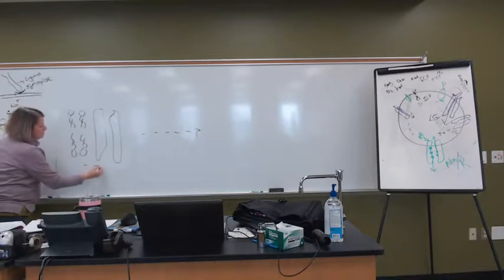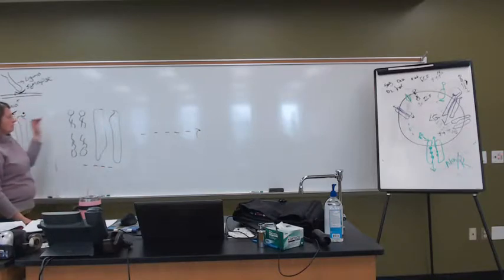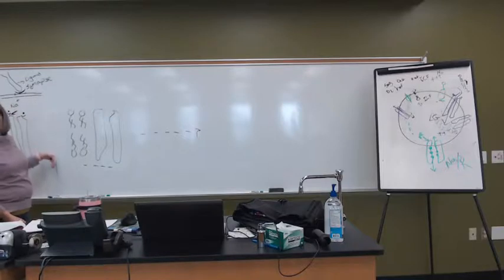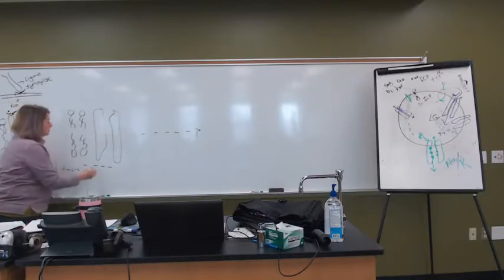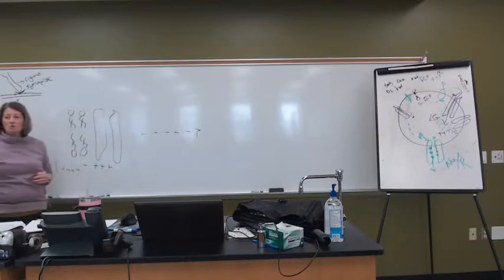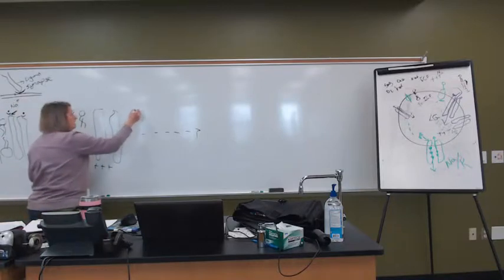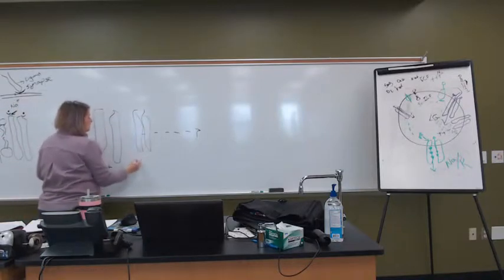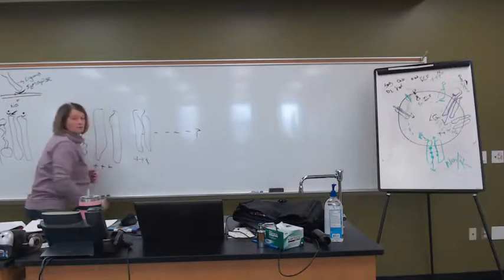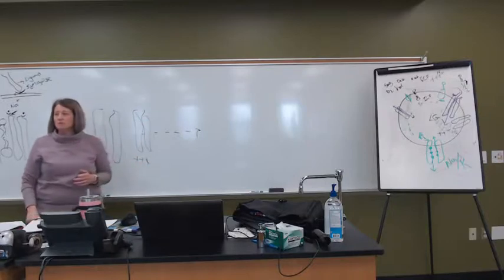It's negative on the inside, but because ligands opened and let sodiums in, I now created positive. All right? This voltage gate opens. I make it more positive. The next voltage gate it opens. I make it more positive. Do you see where I'm going with this?